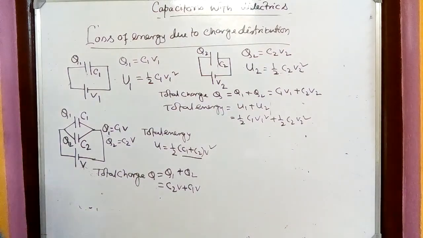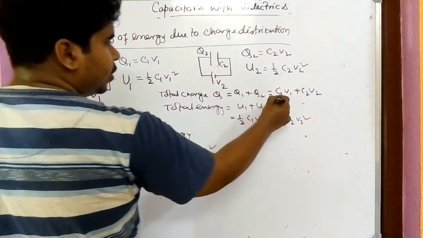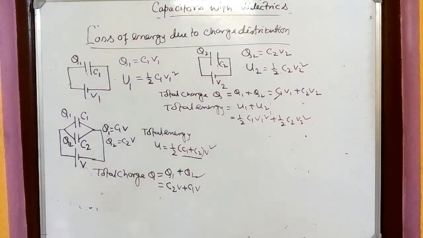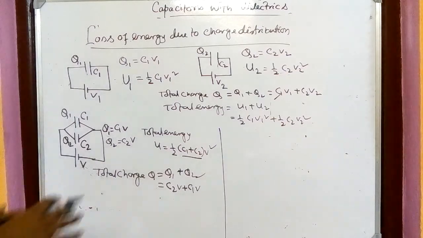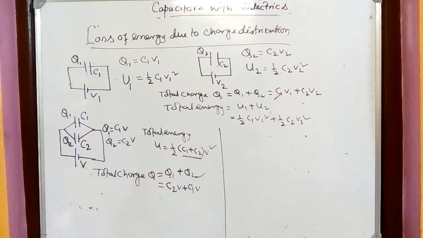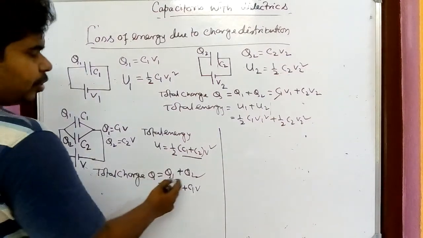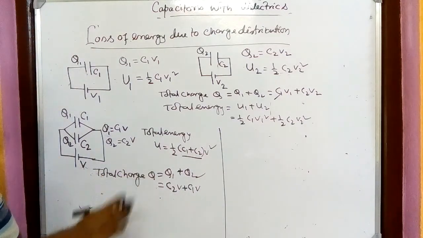Now, talking about the total charge, you want to understand the steps. What will be the total charge here? Total charge is Q equals Q1 plus Q2.